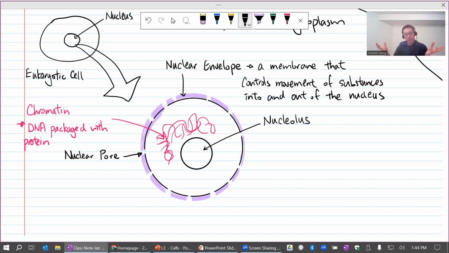The cell can be a eukaryotic cell, which is like us, animal cells and plant cells. Yes, it's the same name. Nucleus just means a core. There is also a nucleus in an atom, but that is not the same as the nucleus of a cell. Okay, I mixed them up. Thank you.